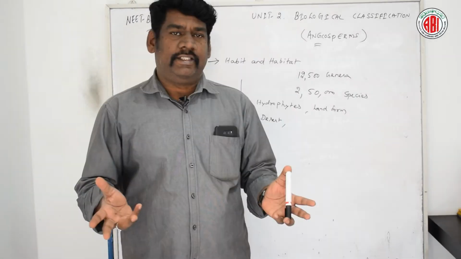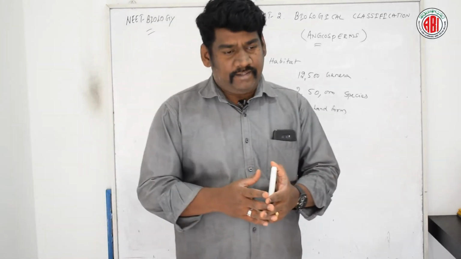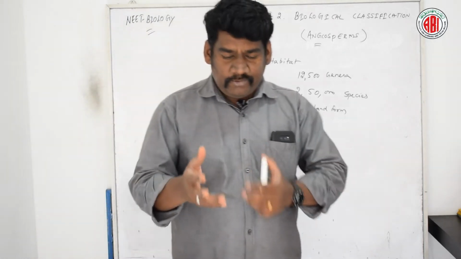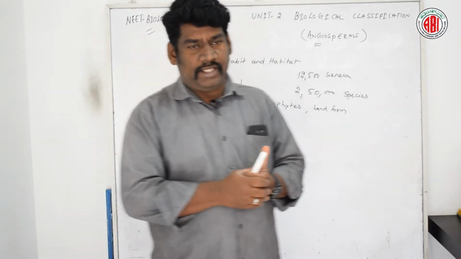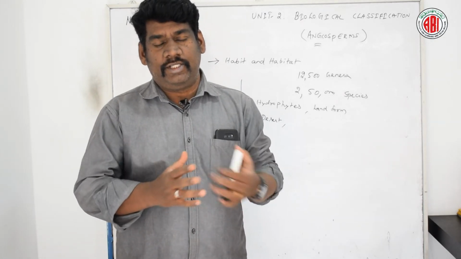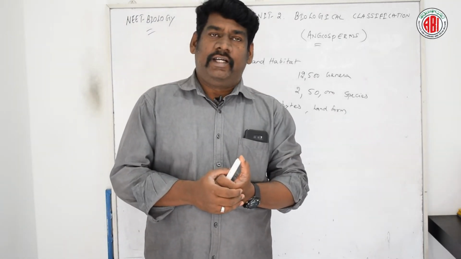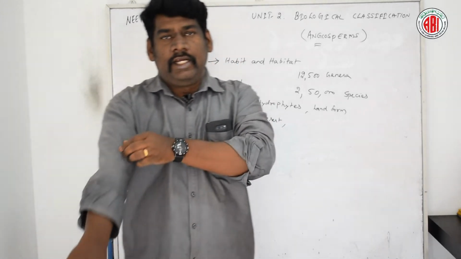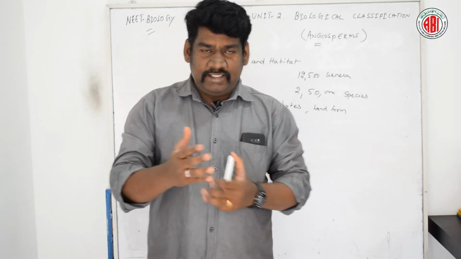So this class of the plant kingdom can survive in various conditions of the environment, and they adapt themselves according to the environment given to them. Many angiosperms are xerophytes, able to survive under scarcity of water, especially in desert regions, and they bloom in the desert according to the season.